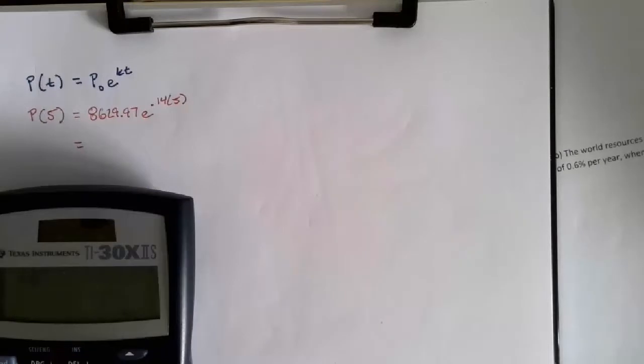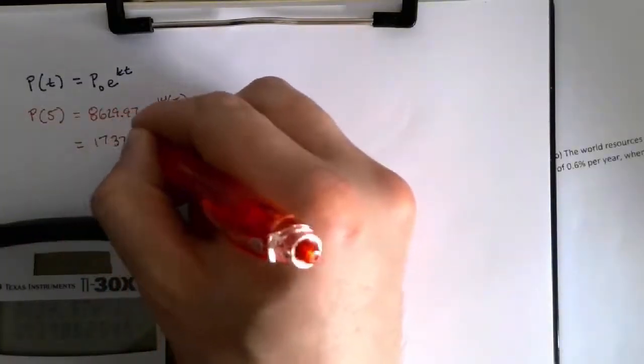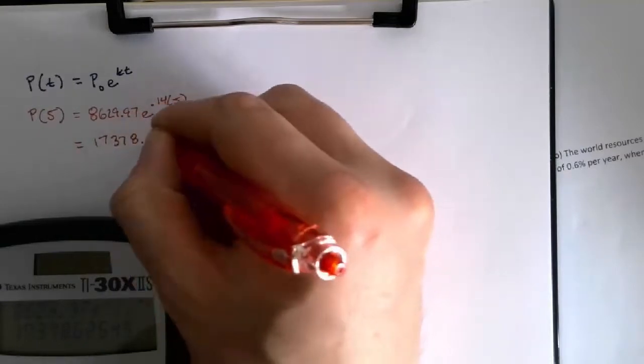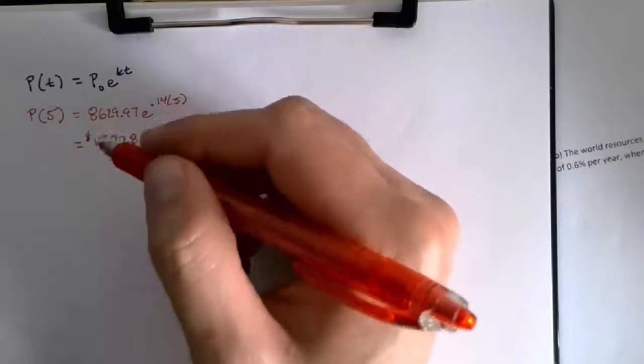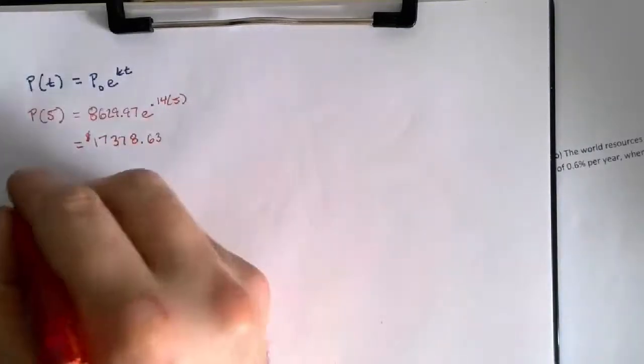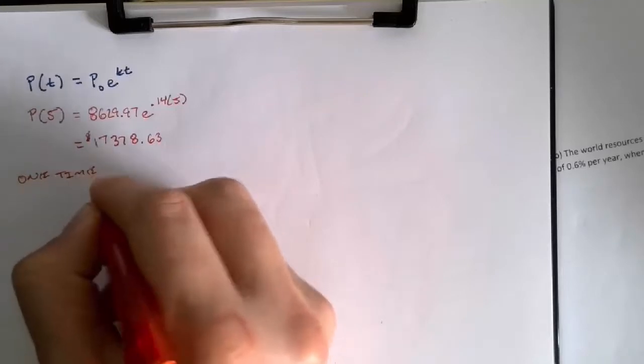So if I do 8,629.97 times e to the 0.14 times 5 power, this comes out to $17,378.63. So this is if I was just going to do a one-time investment.